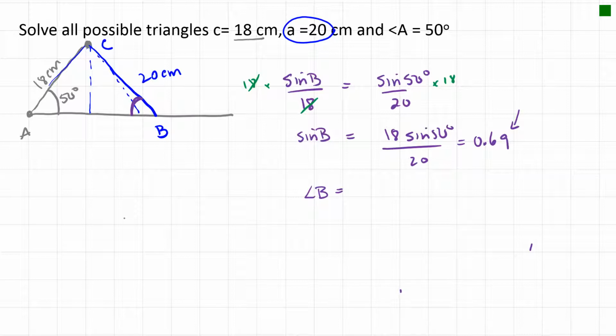We're going to find angle B is the inverse sine of 0.69, which is 43.5 degrees, or 43.6 degrees if I round properly. So that means angle B could be 43.6 degrees.